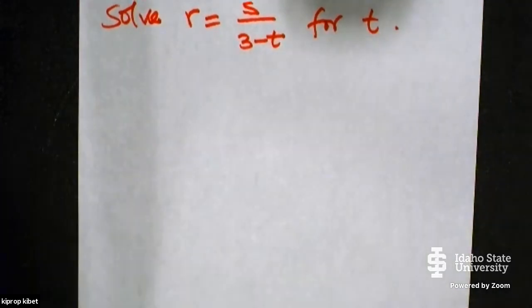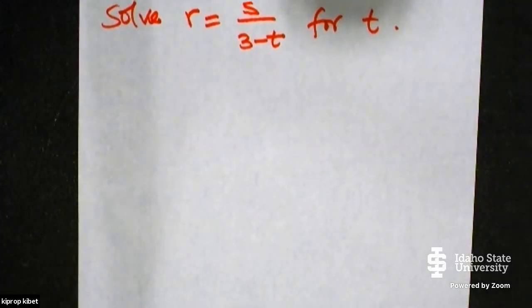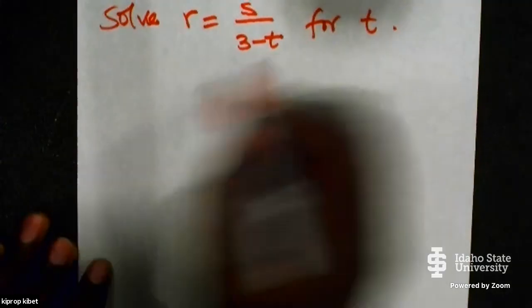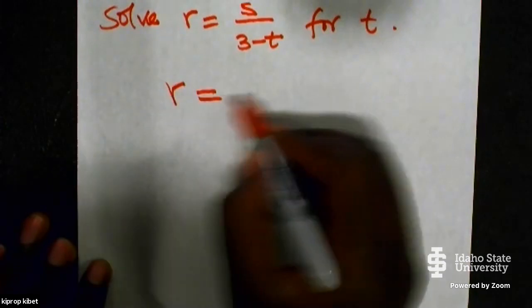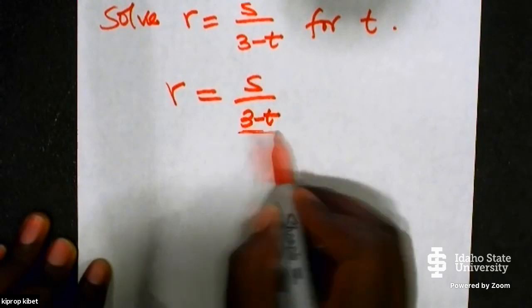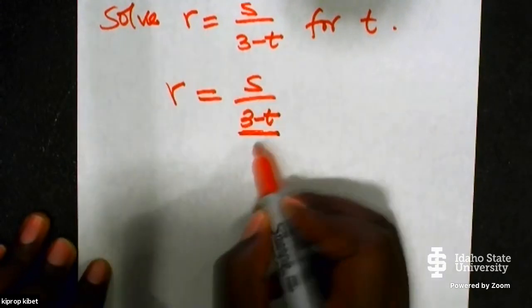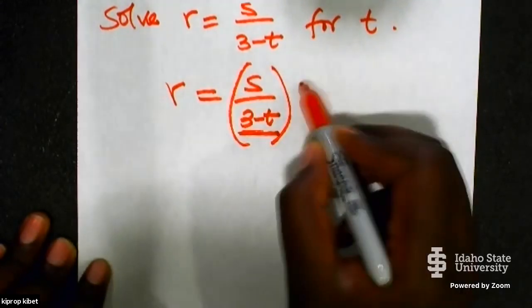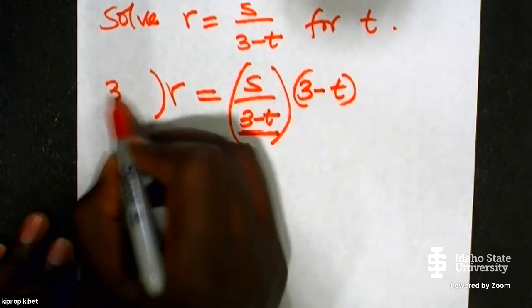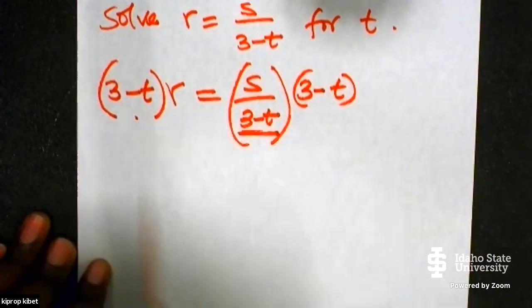So what do you do to the fraction on your right? So here r equals s all over 3 minus t. So we want to take this to the other side. Therefore, we multiply everywhere by 3 minus t. Also here, 3 minus t there.